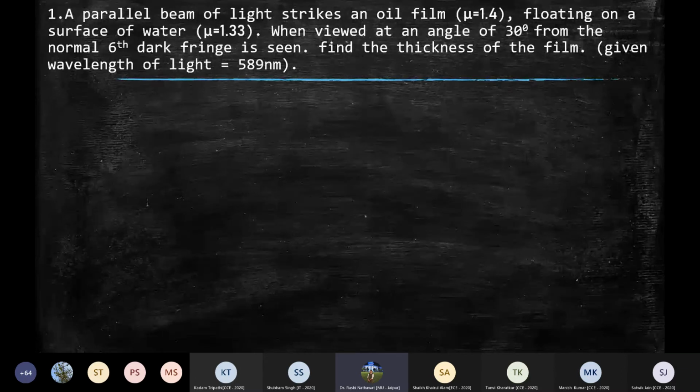When viewed at an angle of 30 degrees from the normal, the sixth dark fringe is seen. N is the number of fringes. Okay, so the sixth dark fringe is seen. Find the thickness. You need to find the t. The given wavelength lambda is 589 nanometer. You don't have to write the question, just solve it.